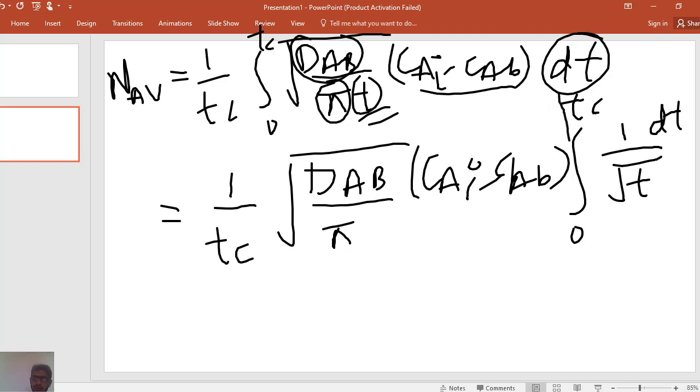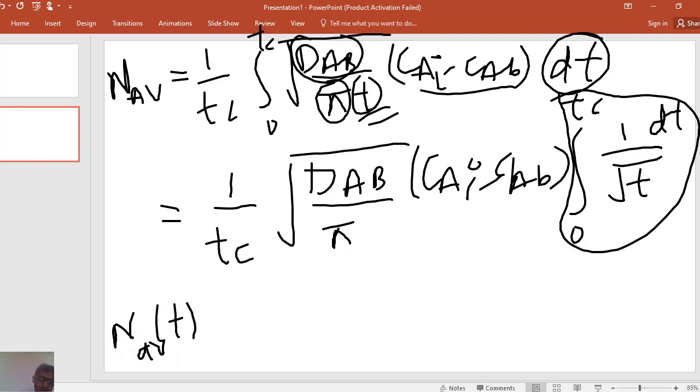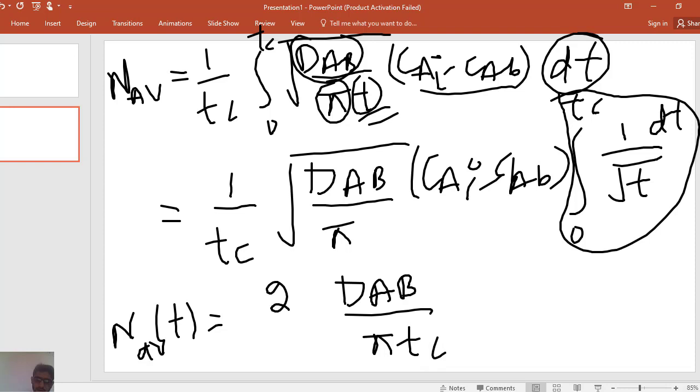After integration of this term, we will get NA average mass flux is equal to 2 times root of DAB over pi Tc, times (CAi minus CAb). This is the diffusivity of component A and component B. This is pi, which is 3.14.